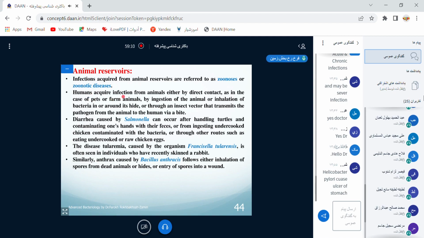Humans acquire infection from animals either by direct contact, as in the case of pets or farm animals. So there is very close contact with pets, for example small dogs, small cats, or horses, or other animals, by ingestion of the animal or inhalation of the bacteria in around its hide, or through an insect vector.